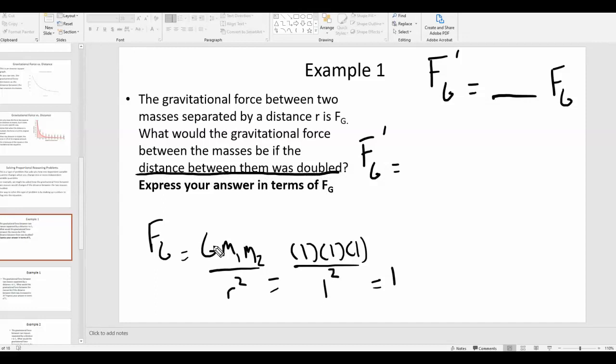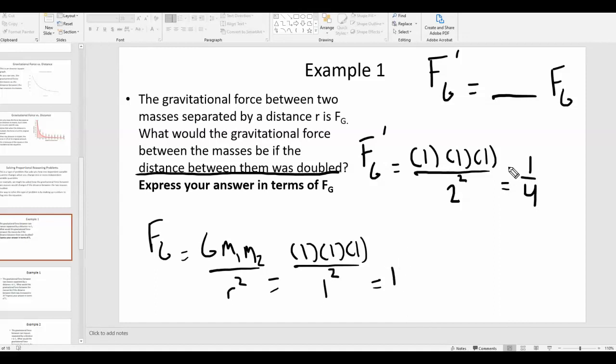If the distance between them was doubled but everything else was the same, my new force of gravity would be 1 times 1 times 1 divided by, now r is going to become 2, because if I'm doubling the distance between them, r is going to be 2 instead of 1. So now I'm going to divide by 2 squared. 1 times 1 times 1 is 1, and 2 squared is 4.